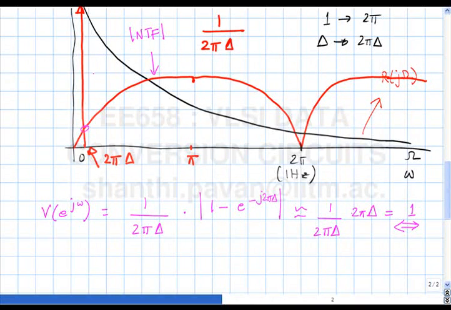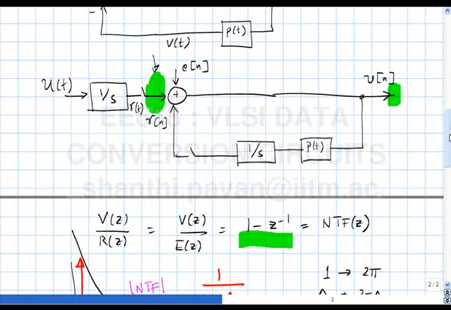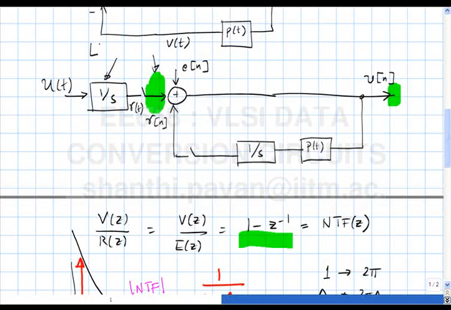Okay, another way of looking at the same thing is the following. At very low frequencies, what did we say? This is nothing but the loop filter L of j capital omega.